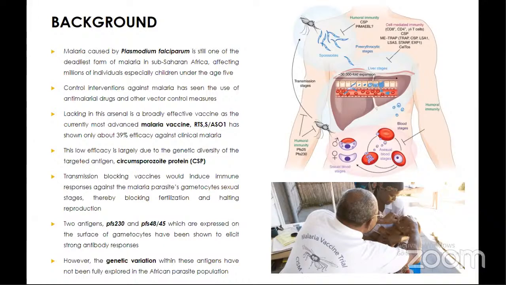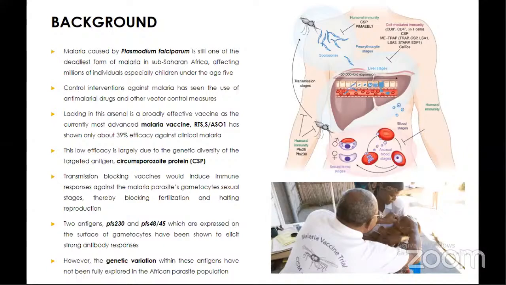The RTS,S vaccine, which targets the liver stage, has also shown low efficacy of about 39% against clinical malaria, which was mainly due to the high genetic variation in circulating parasites, as shown by some studies. Some studies have also explored vaccine targets that can block the transmission of gametocytes from the human host to mosquitoes, which can further block fertilization and halt reproduction of these gametes.